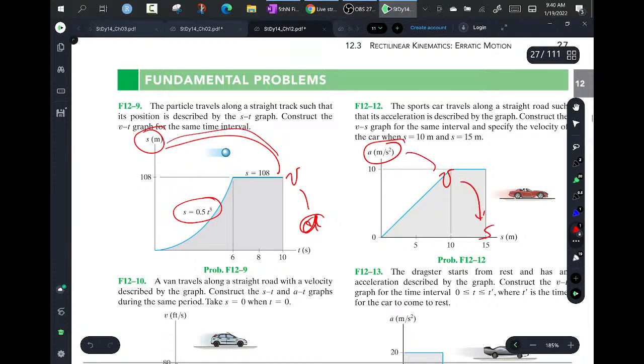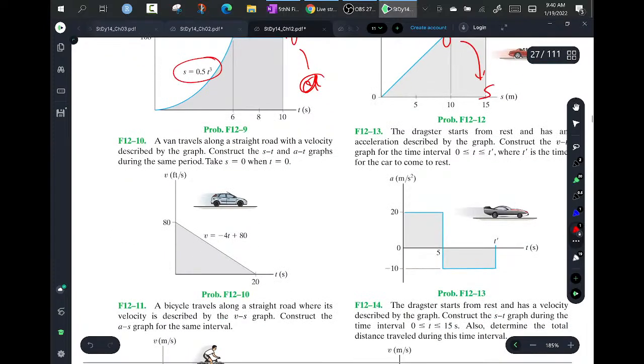So here, you're taking a differential. Here, you're taking an integral. Okay, let's go in here. V with S. Well, if I've got V, how do I get to the acceleration? I take a differential. How do I get to the position? I have to take an integral.